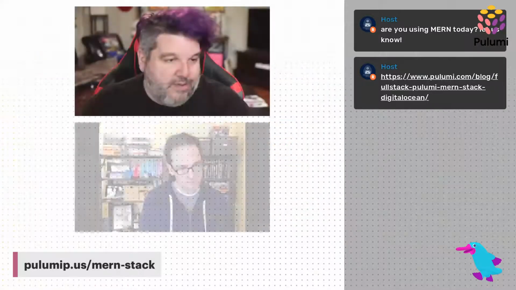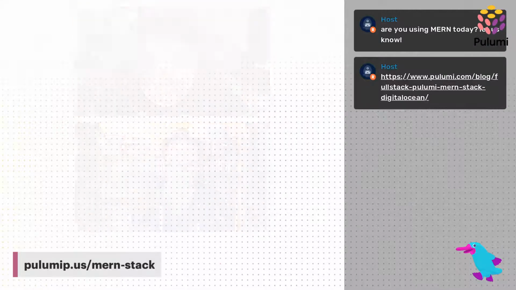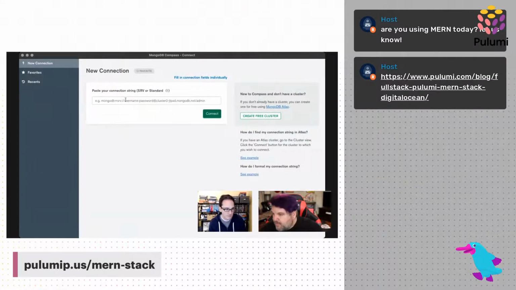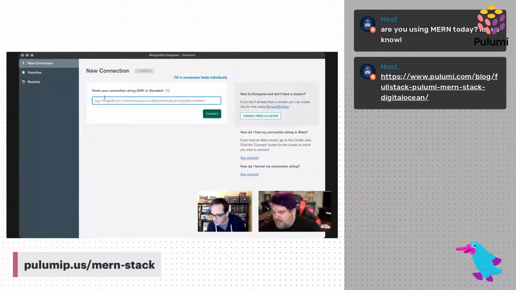Okay. All right, so this was on localhost, right? So it's just 127.0.0.1:27017, right? Or wait, is there a connection string? That's a good question. I don't know what that ought to be. Oh, here we go.